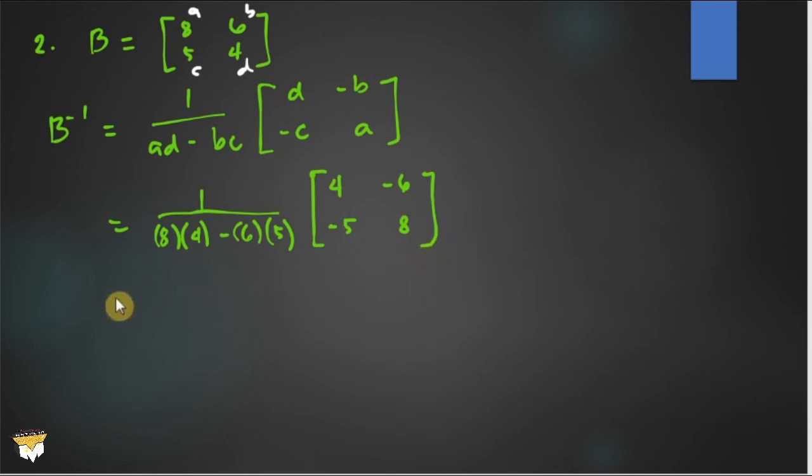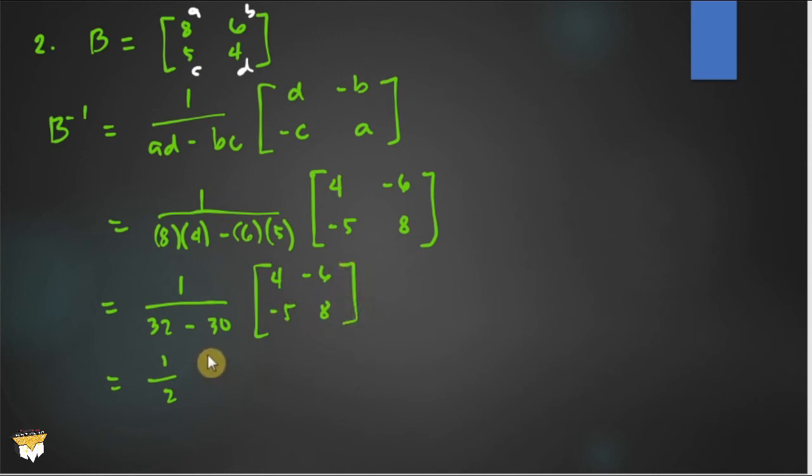Okay, so next we have 1 over 8 times 4 is 32 minus 6 times 5 is 30. So this means we have 1 over 2. Okay, then dito naman we have 4, negative 6, negative 5, positive 8. So then we multiply 4, negative 6, negative 5, and 8 by 1/2. So ano na ito? This is scalar multiplication.